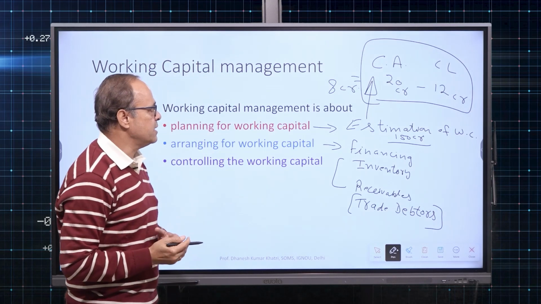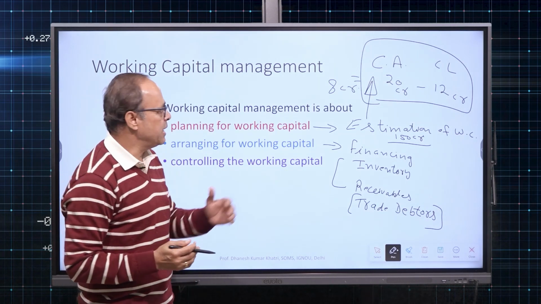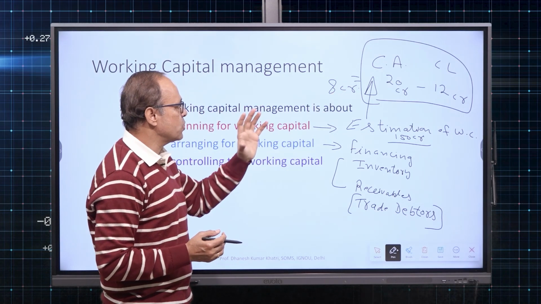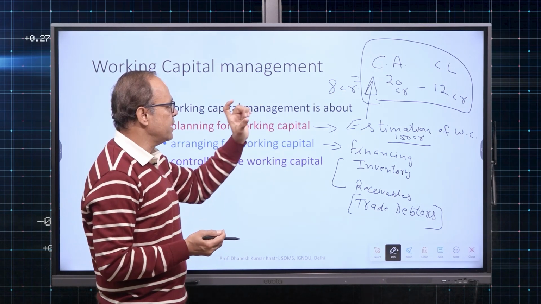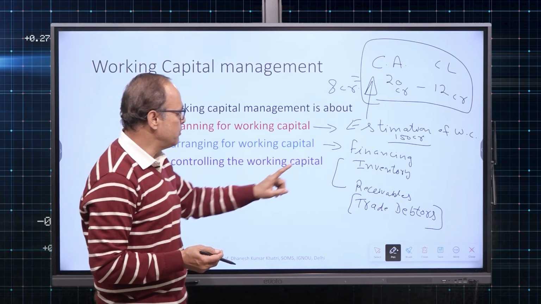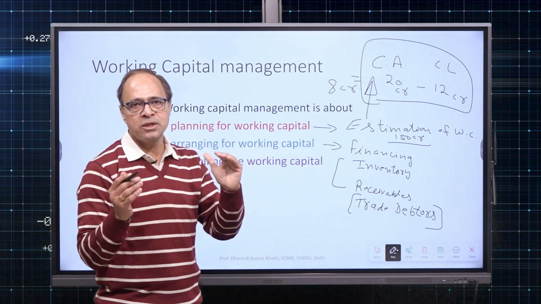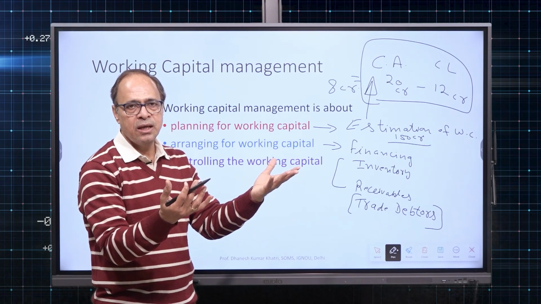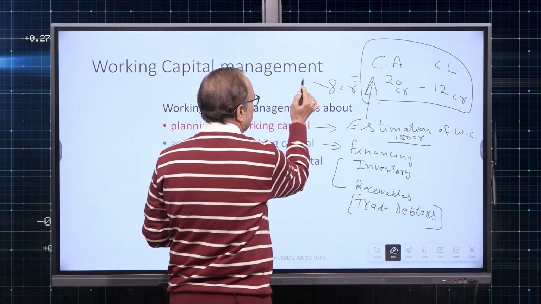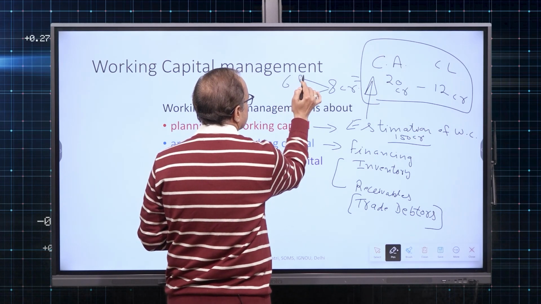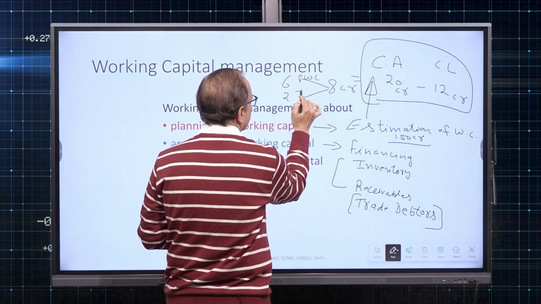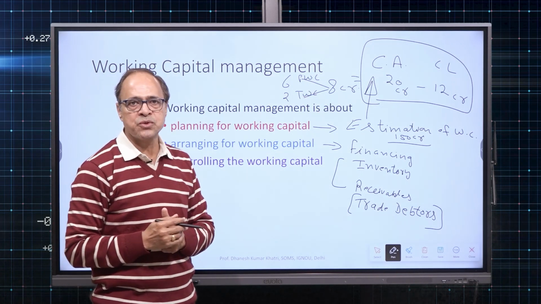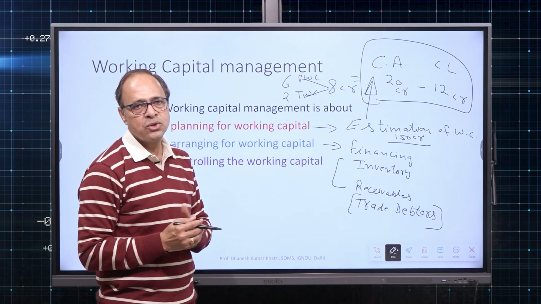So, that simply says that for a particular level of activity, if my level of current assets is 20 crore and current liability level is 12 crore, the business organization needs to think about financing the 8 crore gap only, and that will be under financing. Now, if this 8 crore is permanent working capital, we might go for long term sources of financing. If out of this 8 crore a bifurcation comes, 6 crore is permanent working capital and 2 crore is temporary working capital, then 6 crore will be financed through long term sources and 2 crore will be financed through short term sources.